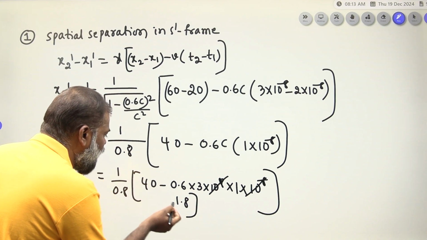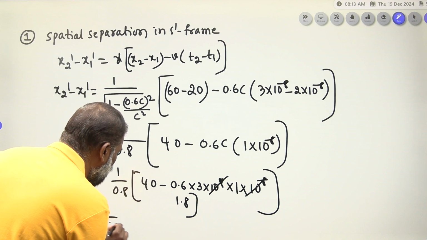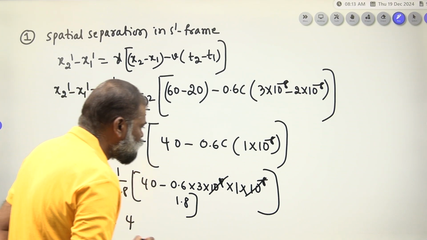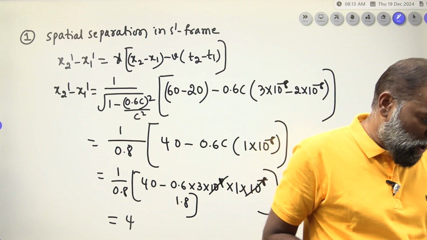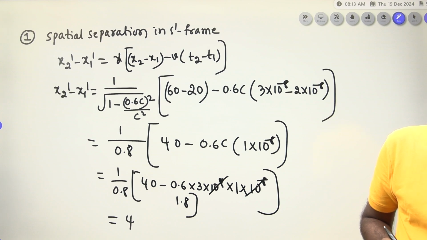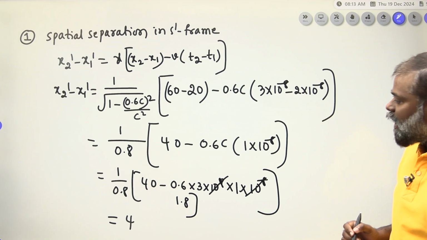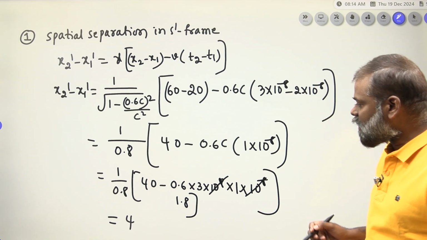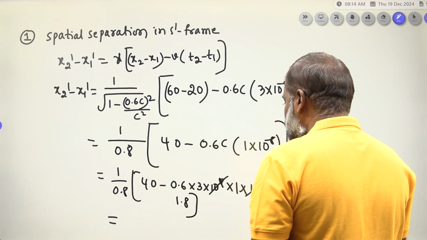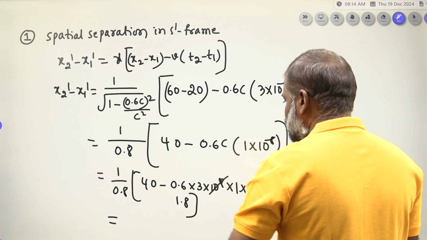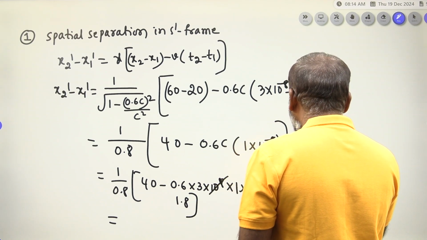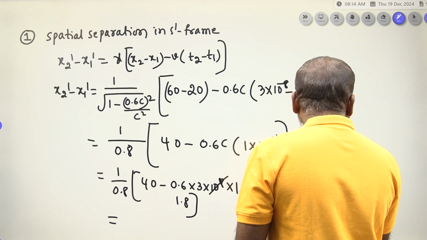So, 1.8 you subtract, and how much value are you getting? 47.75 you have to get, 38.2 you are getting. Then 40 minus 38.2 is divided by 0.8.